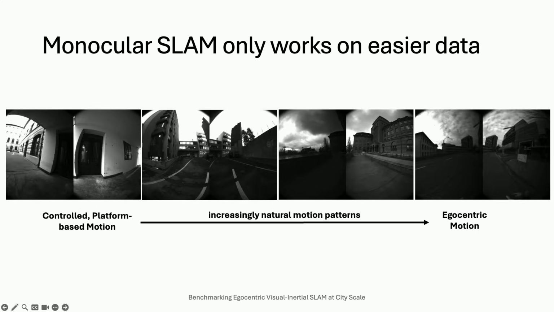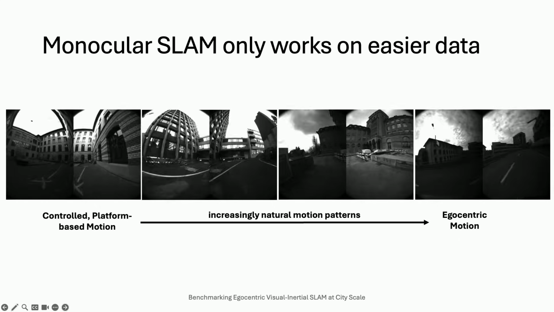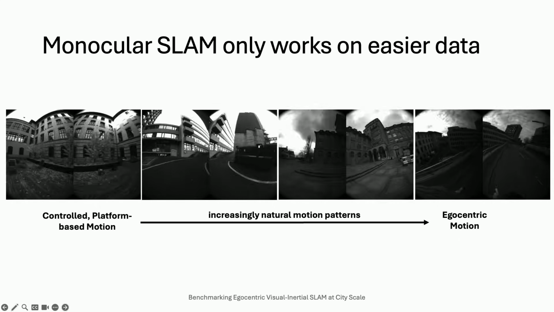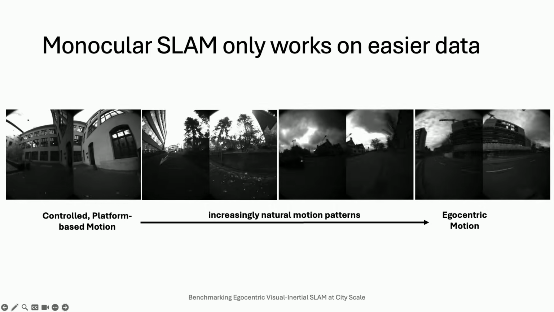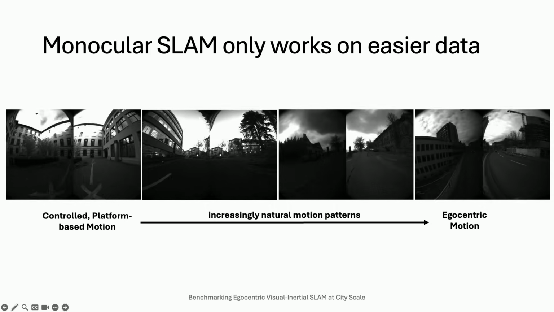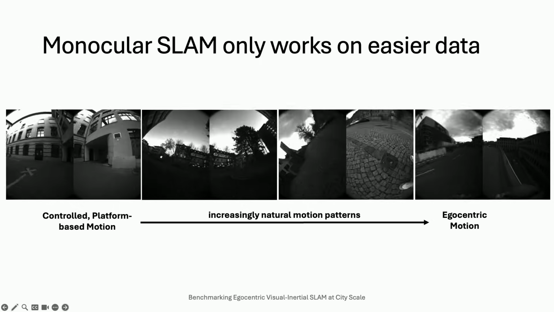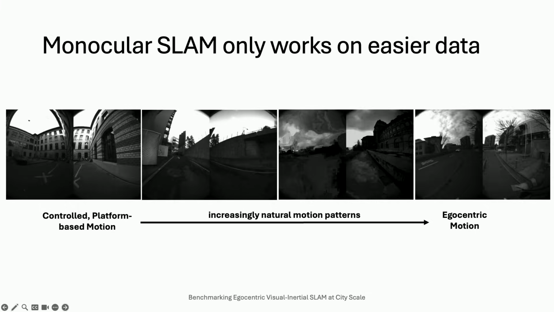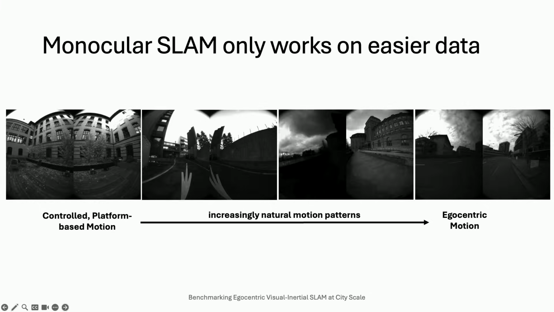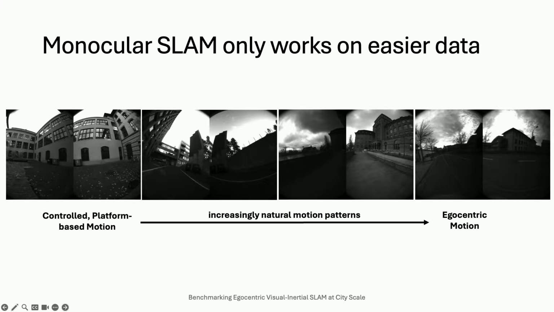Well, the egocentric motion is true freeform head-mounted motion, where it is more complicated and has a lot of out-of-plane and in-plane rotations. And we figure out that actually most monocular open source SLAM only works on easy data. Here is the controlled platform-based motion.